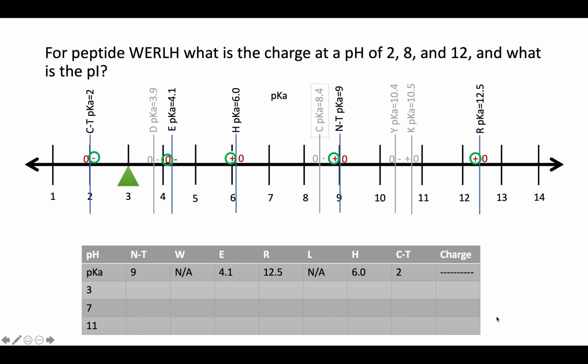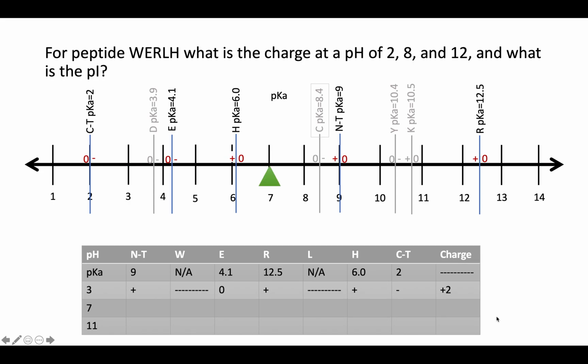Again, we're going to use whatever values are closest to the pH. So for the N-terminal, you're going to get a plus, E 0, R plus, H plus, C-terminal negative. For amino acids that don't have a pKa, I just draw a line through those areas so that I remember that they don't have a pKa, which means they will never have a charge on them.